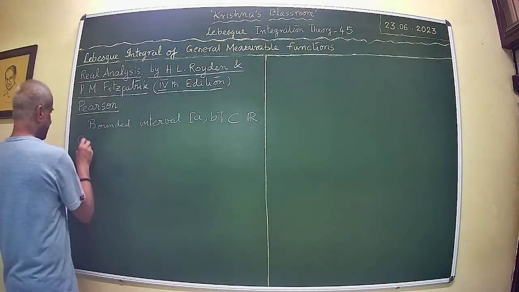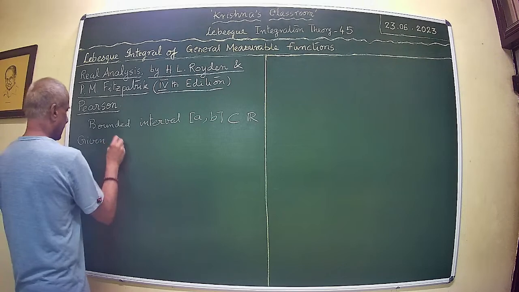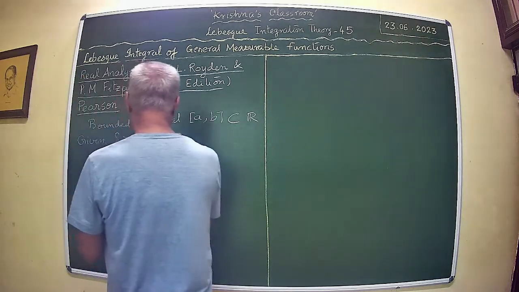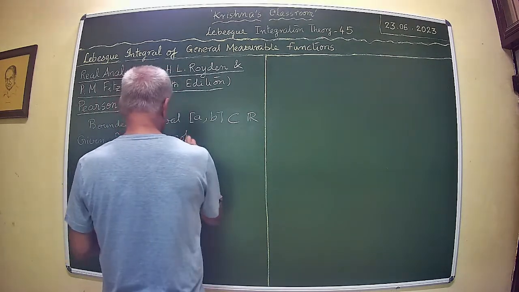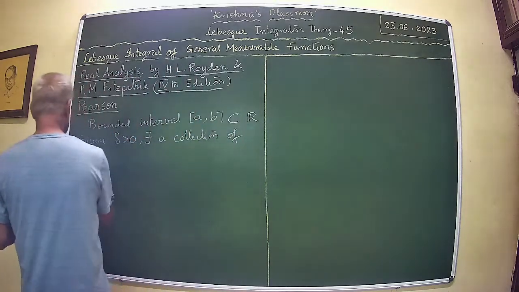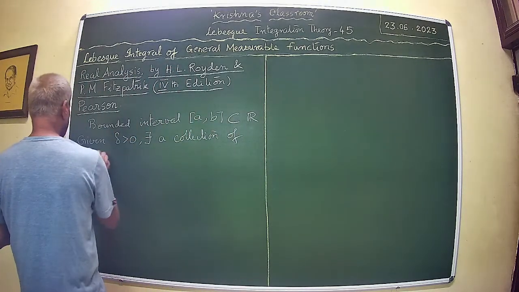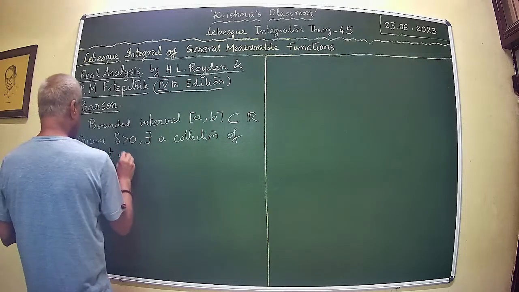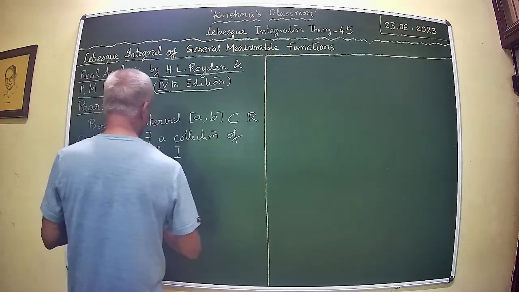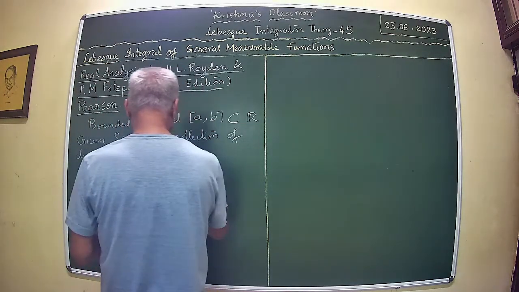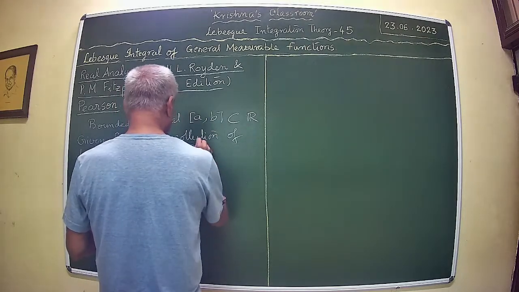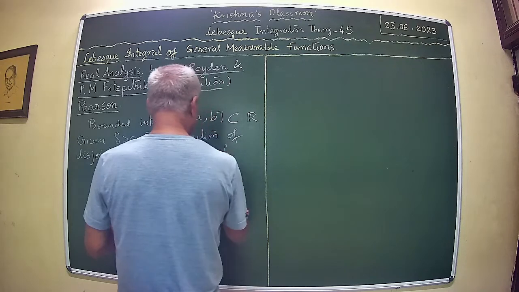So, given delta positive, there exists a collection of disjoint intervals I_1 to I_N, finitely many, obviously.